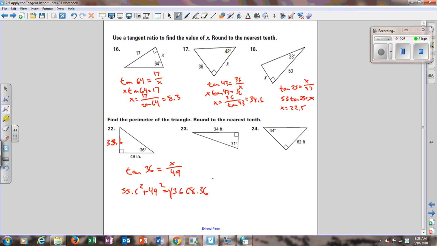You take the square root of that. And that gives you 60.6, the hypotenuse. Now you just add them together. 35.6 plus 49 plus 60.6 gives you 145.2.